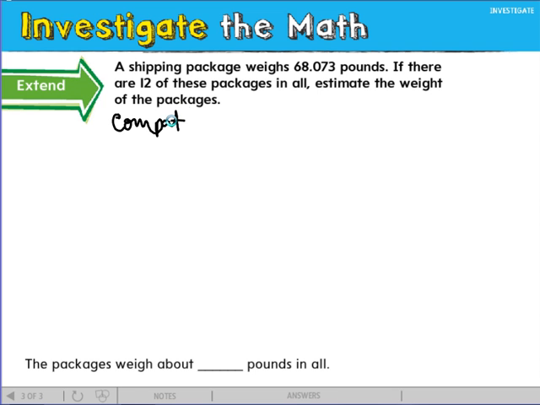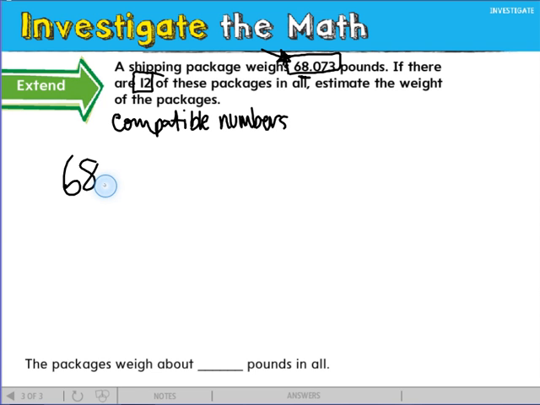We're going to use compatible numbers. This needs to be rounded, and this needs to be a number that works easily with this. So rather than go to the nearest ones place, where do you think I'm going to round 68 and 73 thousandths?